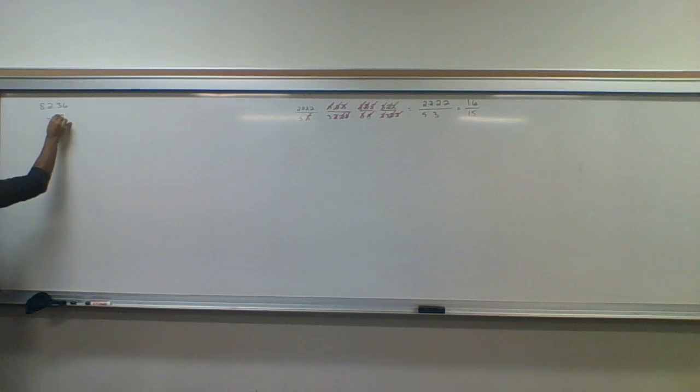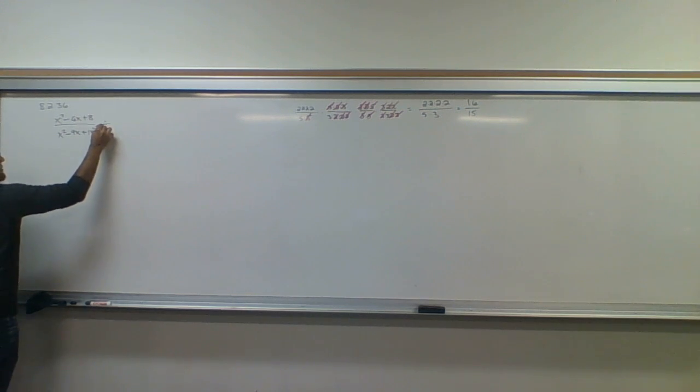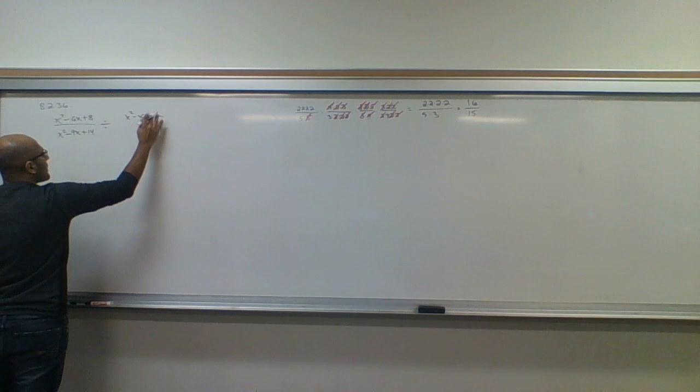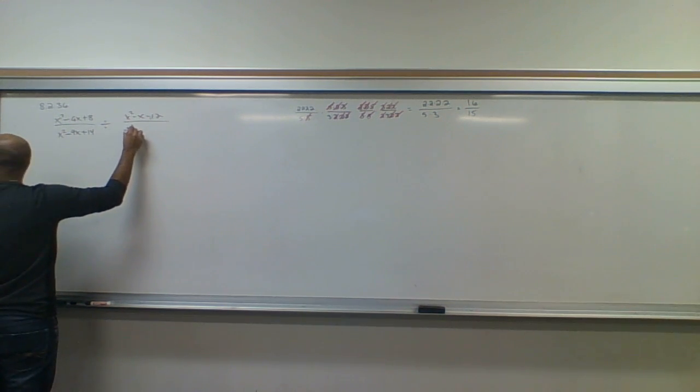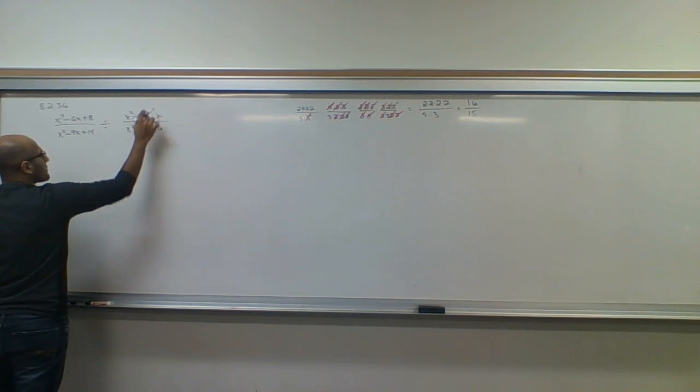We got x squared minus 6x plus 8 divided by x squared minus 9x plus 14 divided by x squared minus x minus 12 divided by x squared plus x minus 56.